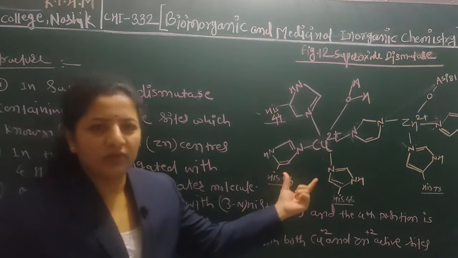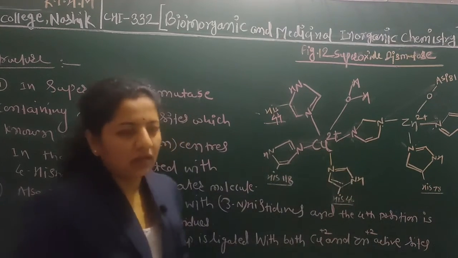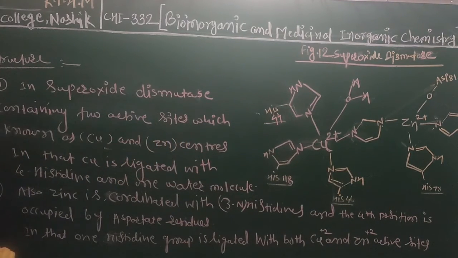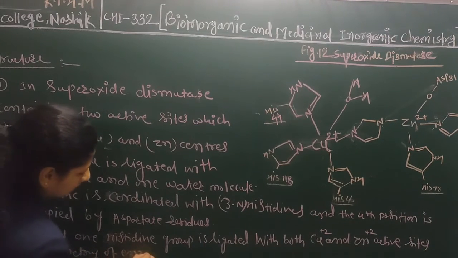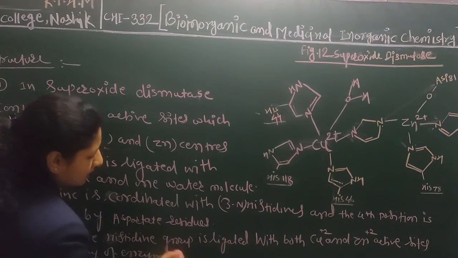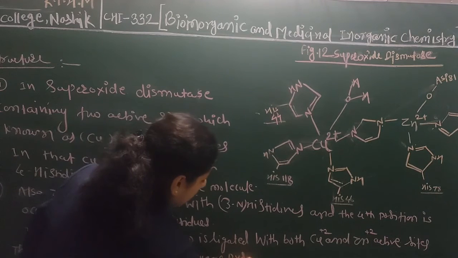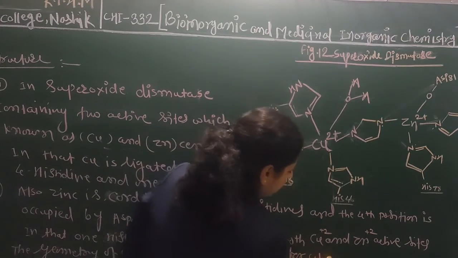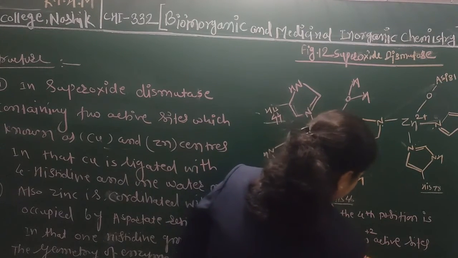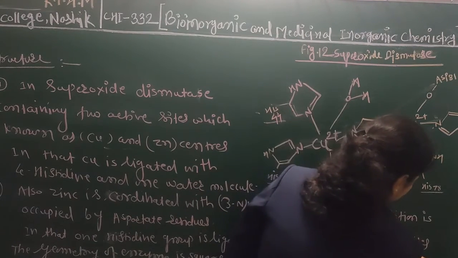If we see the geometry of this enzyme, the copper is square pyramidal whereas zinc is tetrahedral. So the geometry of the enzyme is square pyramidal for copper and tetrahedral for zinc.